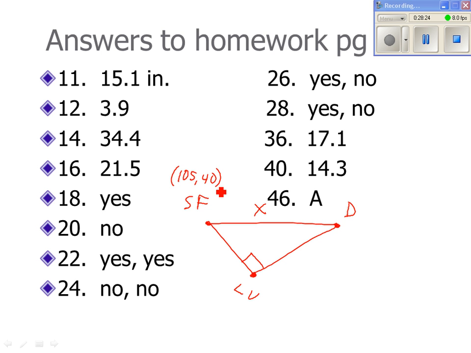No, that's Denver, of course. San Francisco's 122, 38. And Las Vegas 115, 36.